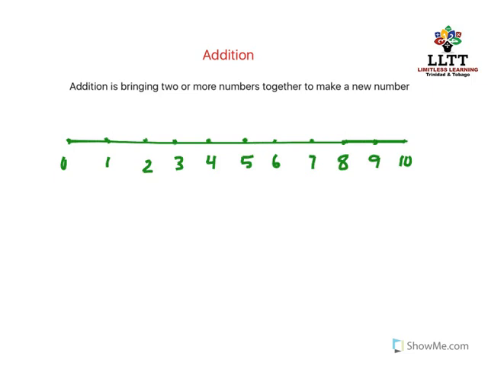And we're going to utilize this number line to try to add 3 to the number 2. So the first thing we want to do is identify our number 2.